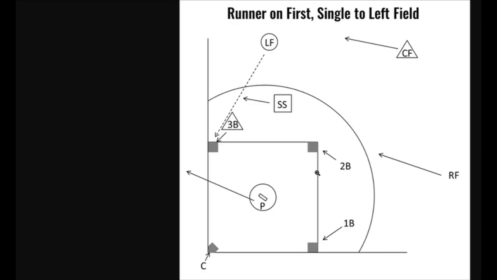Now keep in mind, we have a runner advancing from first, trying to get to third, but we also have a batter, right? The batter hit the ball. So that batter, he's going to be running down to first. So Remington, you need to stay home. And in case we make a play at third base here, this guy running down the first baseline is going to round that bag. He's going to see where the ball's going, and he's going to try to hightail it to second base.